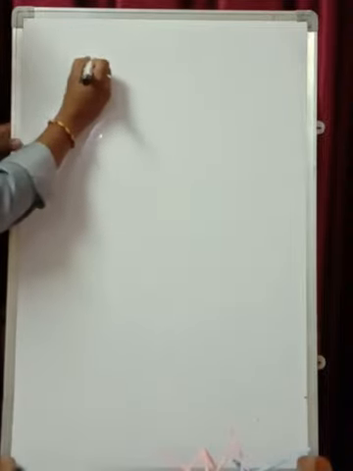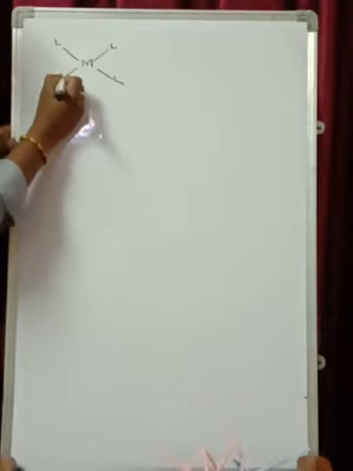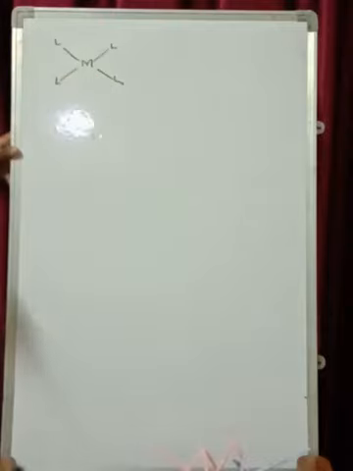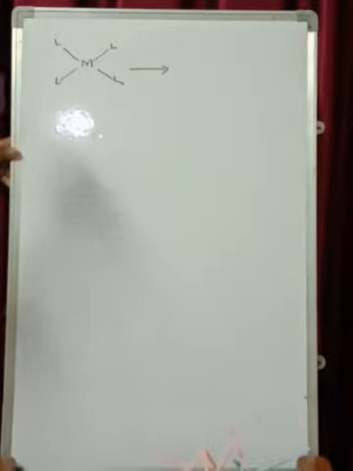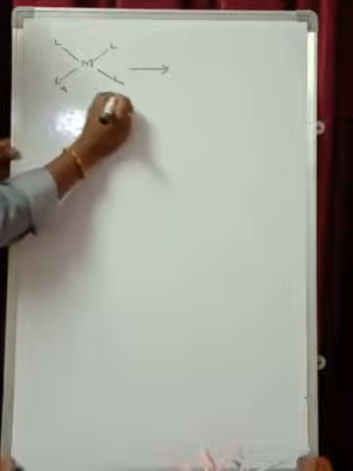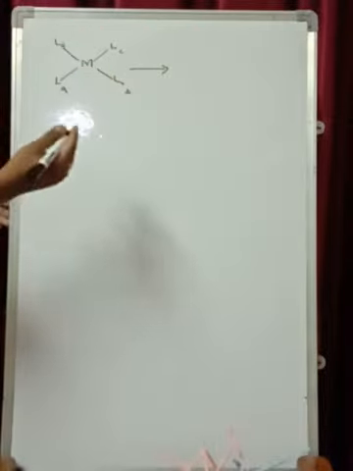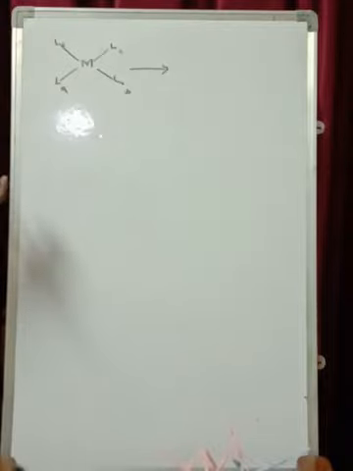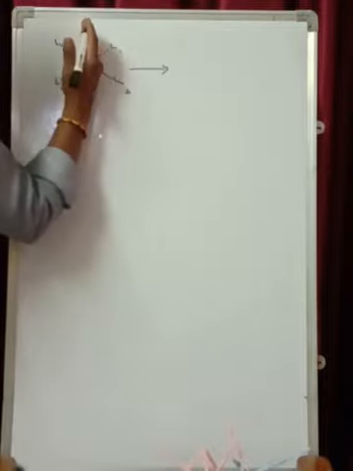Now let us take the example of the ML4 complex, that is a square planar complex. In this, I would like to do the reflection first here. Rotation can also be done first, but I have chosen to do the reflection. Now, I want to do the reflection along this particular axis.